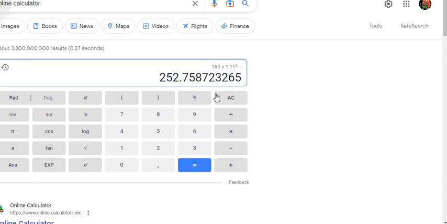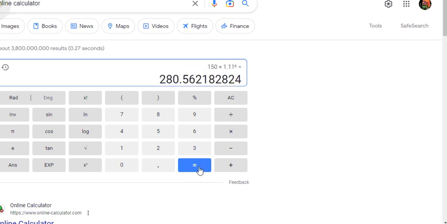So now let's try this again. I used to be able to use the backspace to redo this, but that's okay. We'll try again: 150 times 1.11, and now we're going to raise it to the 6th power.